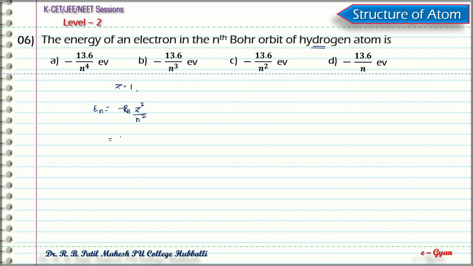Here the RH value is to be taken in terms of electron volt, that is 13.6, with the minus sign as it is. Z is 1, square is 1, divided by n square, keep it as it is. So the energy of Bohr's nth orbit is minus 13.6 divided by n square. The correct option is option C. It is in terms of electron volt.